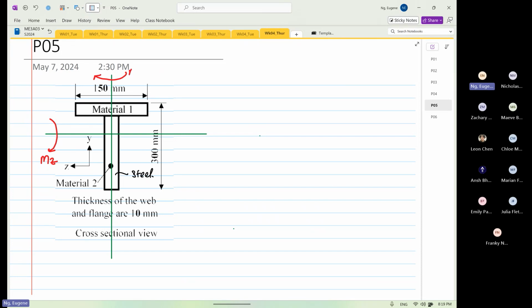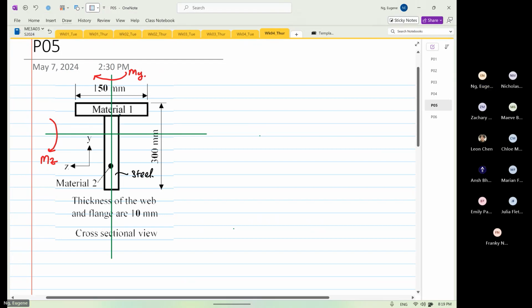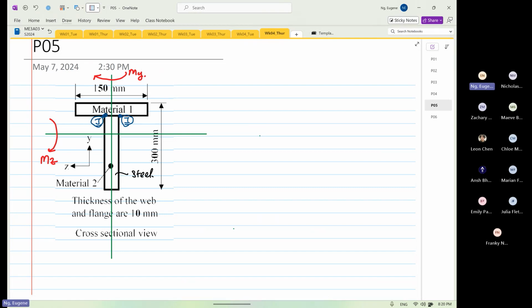This is our moment in Y. Okay. And then I'm going to draw out 4 points. This is our point I. Over here, point J. Over here, point K. And over here, point L.